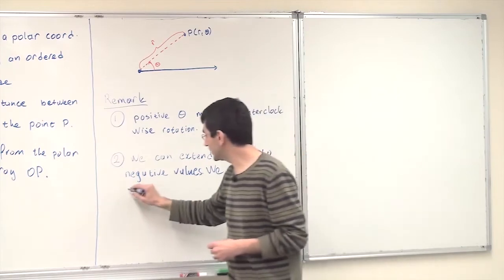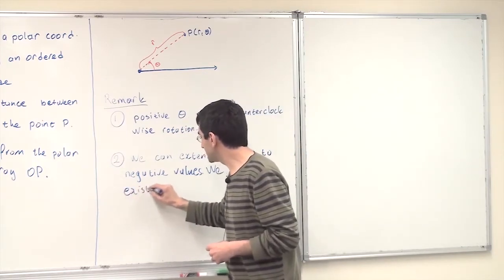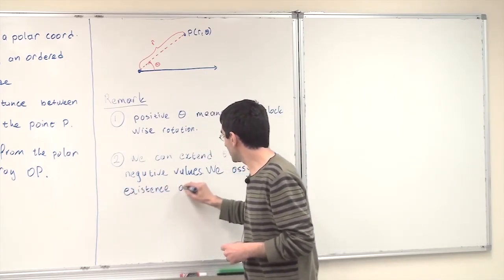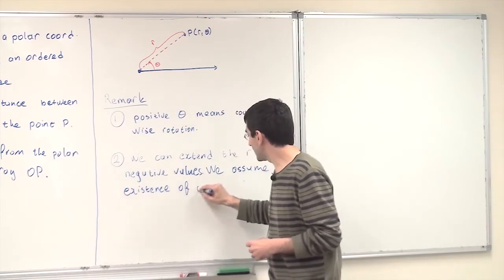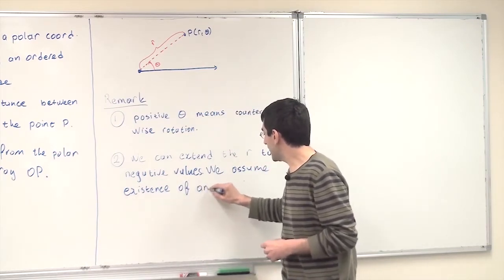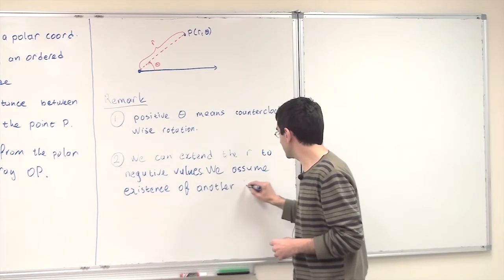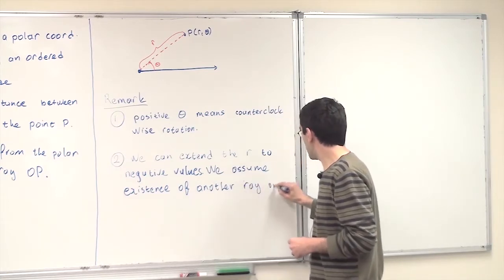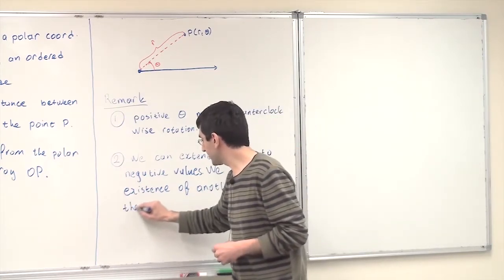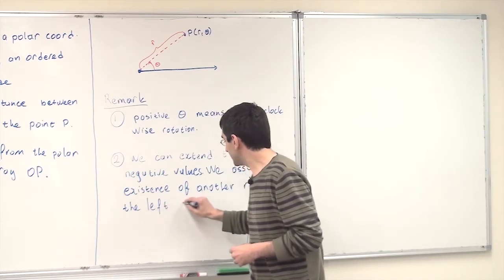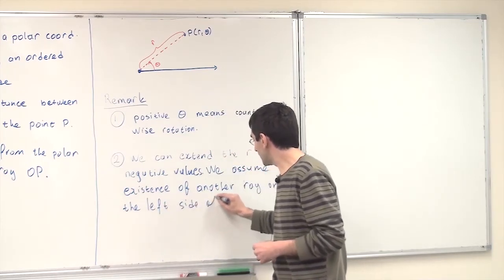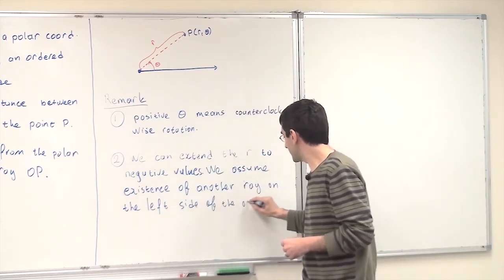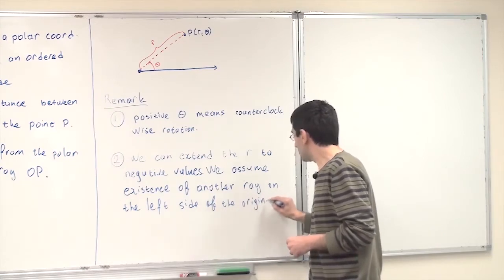So we assume existence of another ray on the left side of the origin.